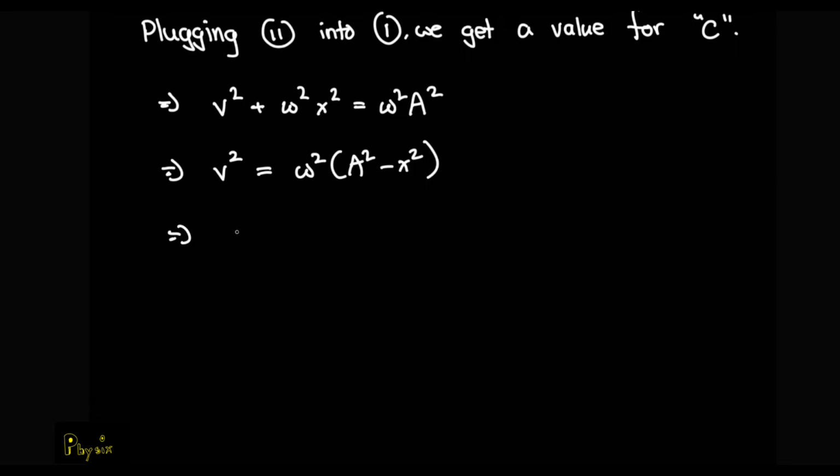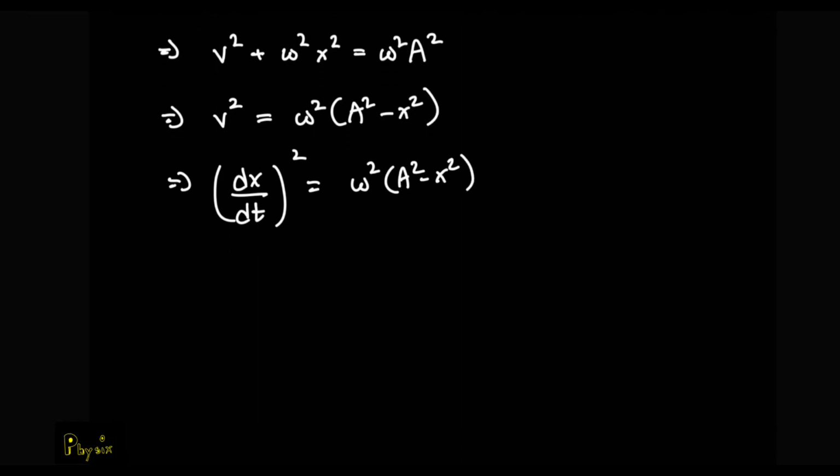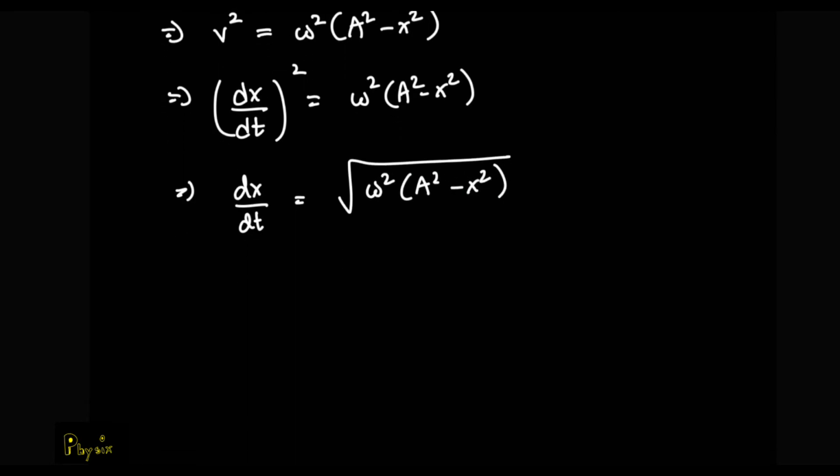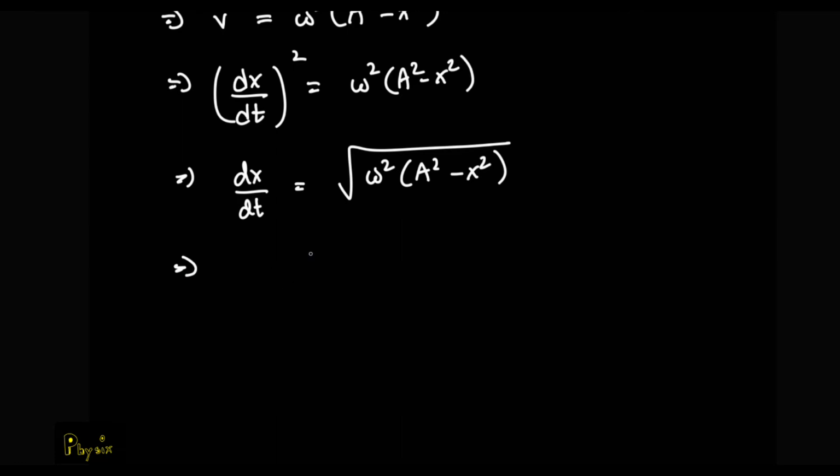So we could write the velocity down as (dx/dt) squared is equal to omega squared times (a squared minus x squared), right? Now, dx/dt can also be written down as the square root of whatever there is at the left, right?